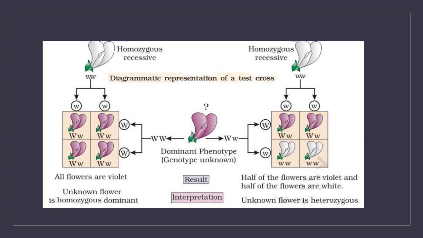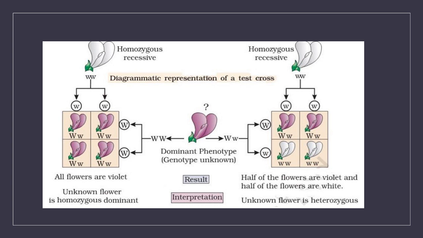In the next slide, it's the same diagrammatic representation of the test cross as given in your NCERT book. The homozygous recessive can be crossed either with the heterozygous or the homozygous. Homozygous is capital W, and heterozygous is capital W and small w.